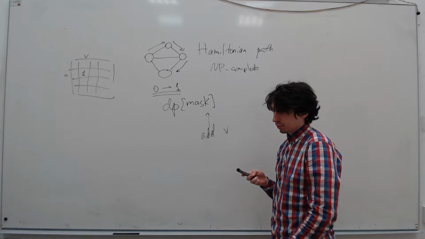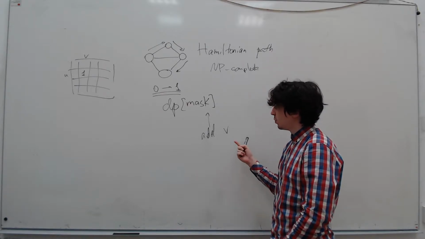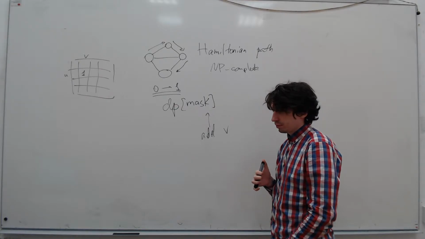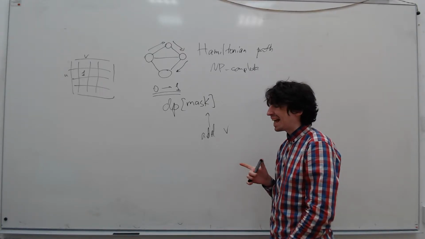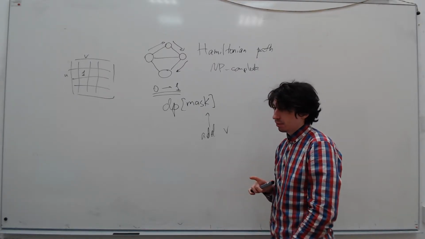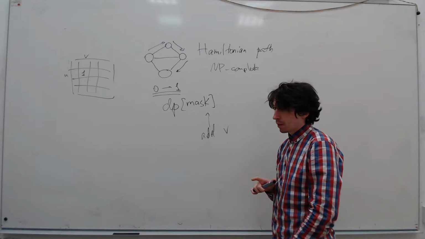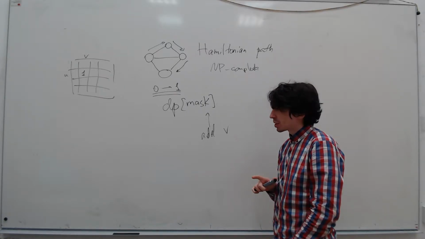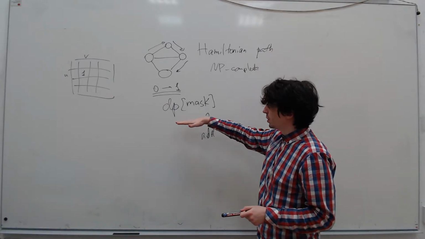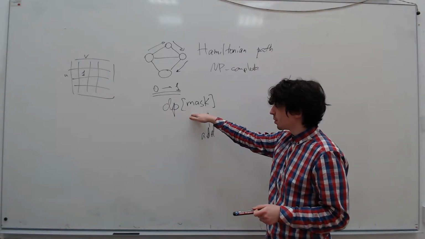What was the question again? When can we add the vertex v to this mask? If it has a connection with the vertex that hasn't been added to the list. That hasn't been added to the list, or that has been added to the list? Okay, maybe it has. Can you tell me what will be stored in this dynamic programming mask?